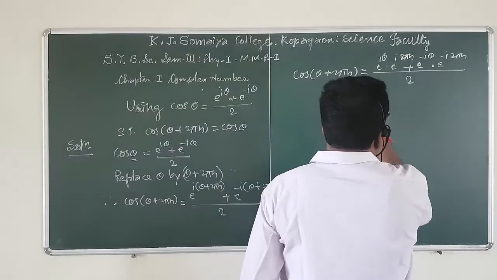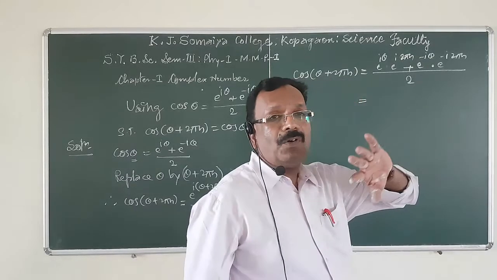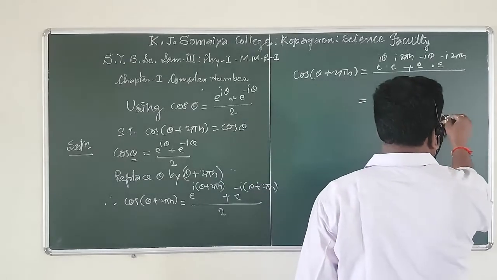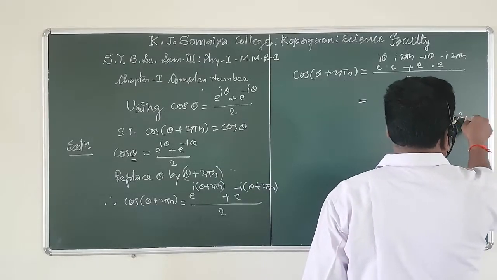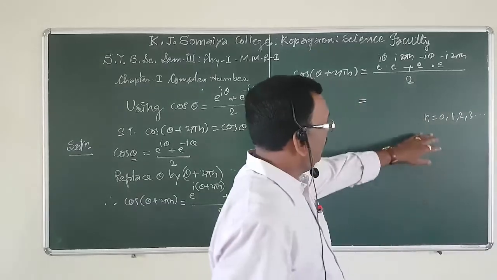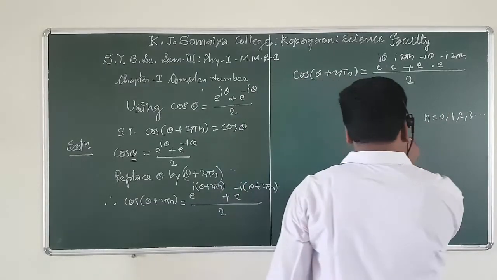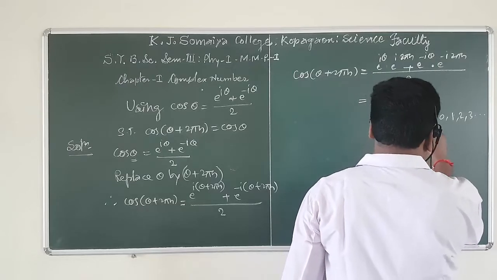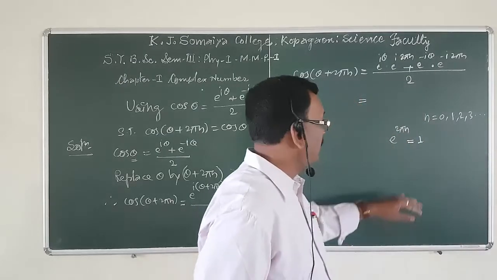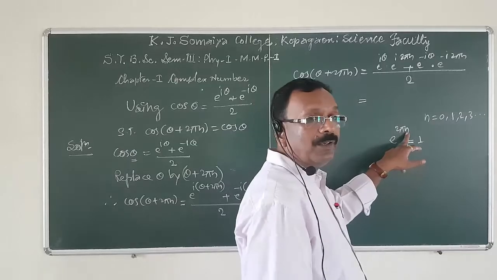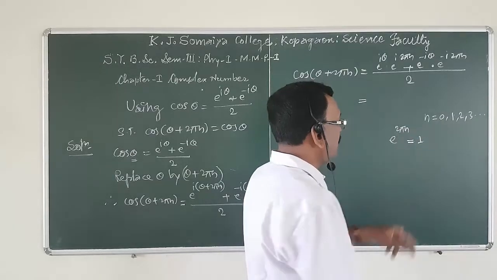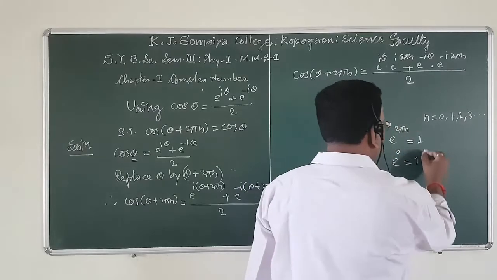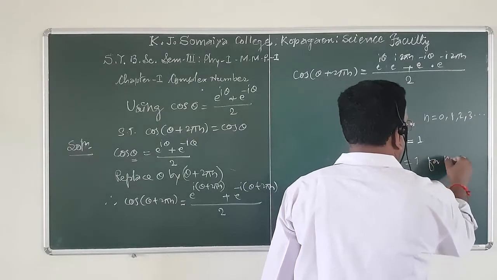Now, for any value of n, suppose n is an integer 0, 1, 2, 3 and so on, e^(2 pi n) is always 1. See how? Suppose we substitute n equal to 0, then e^0 is equal to 1.